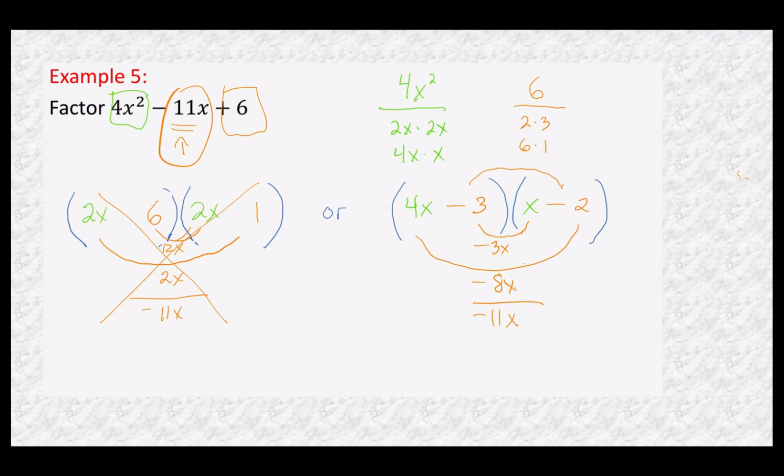So let's see, negative 3 times negative 2, the negative times the negative does make the positive, the plus 6 that is there, and we have a winner. So finally we can claim our answer as 4x minus 3 times x minus 2, and we're done with this problem. So I hope these examples help you with factoring trinomials where the leading coefficient is other than 1, and stay tuned for more great math videos.